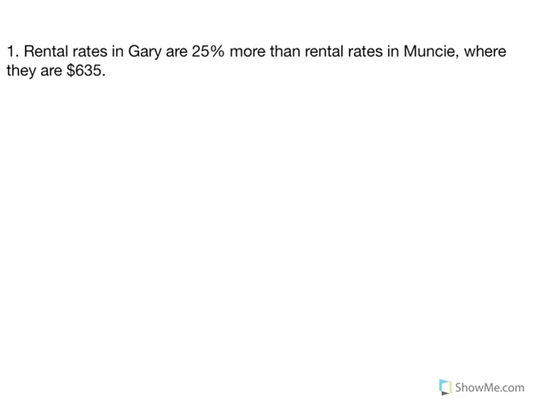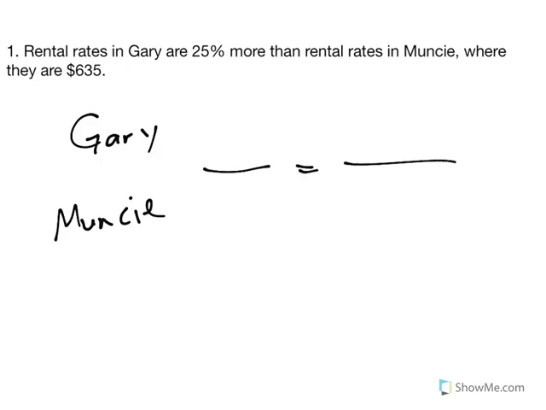I know that they've set number 1 up for you, but I want to talk through it. So rental rates in Gary are 25% more than rental rates in Muncie, where they are $635. I think it's important to really understand what we're talking about. We are talking about Gary, and we are talking about Muncie. When I'm setting up my proportion, everything on the top will be Gary, and everything on the bottom will be Muncie.